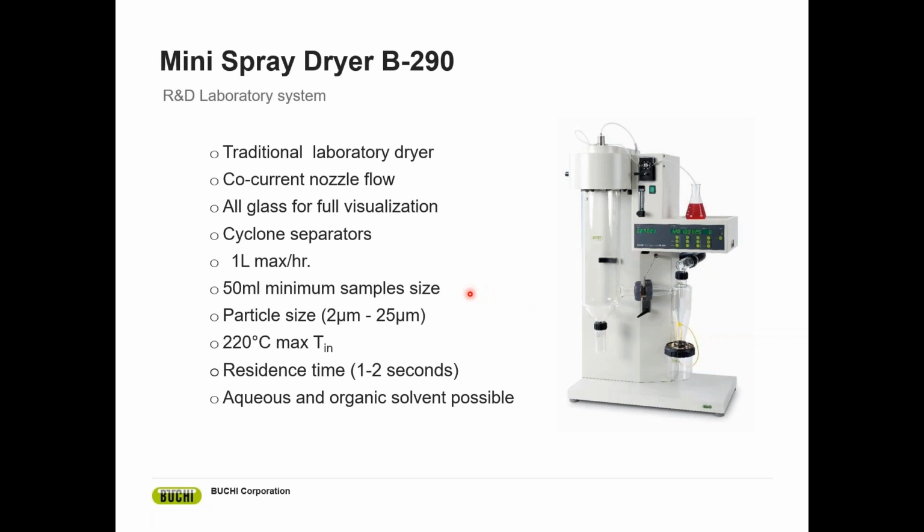Small sample, about 50 mils. Particle size, traditionally we would say 2 to 25 microns. Max inlet temperature is 220, which is very hot in my opinion. And residence time is quick, meaning how quickly does my wet droplet evaporate and make its way all the way through the system to the collection vessel is 1 to 2 seconds.